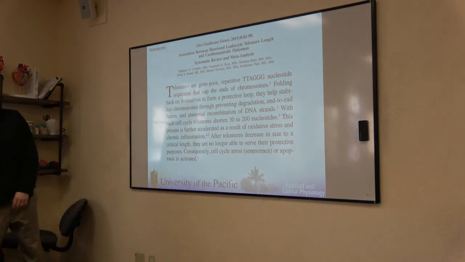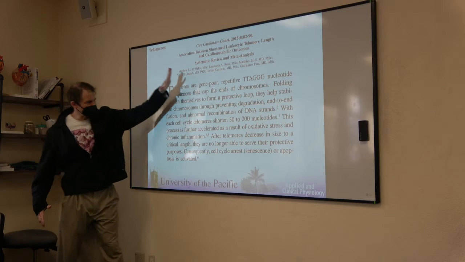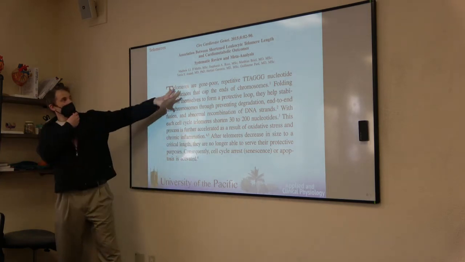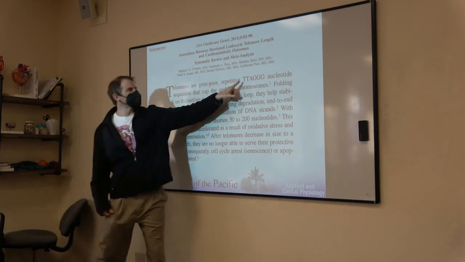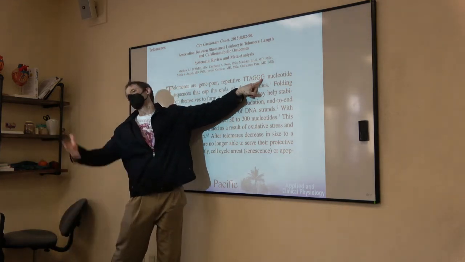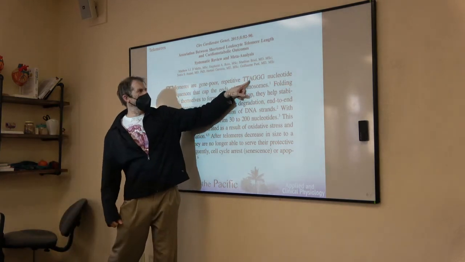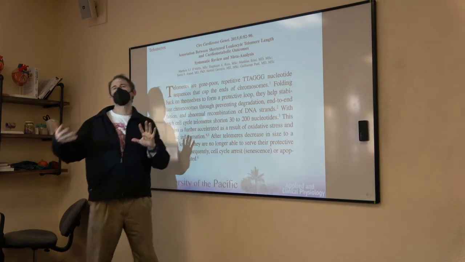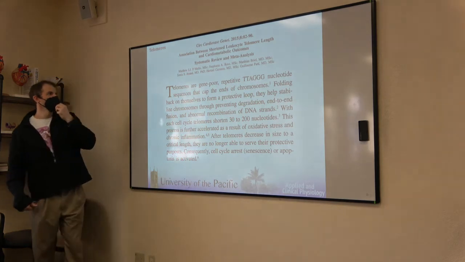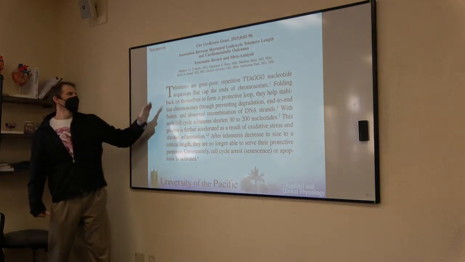This whole passage is good here as well, just as a summarizing passage. The telomeres are gene poor, right? We're not coding for anything here. Repetitions of TTAGGG in people, right? That's us. TTAGGG, TTAGGG, TTAGGG, over and over and over, capping the end of chromosomes.